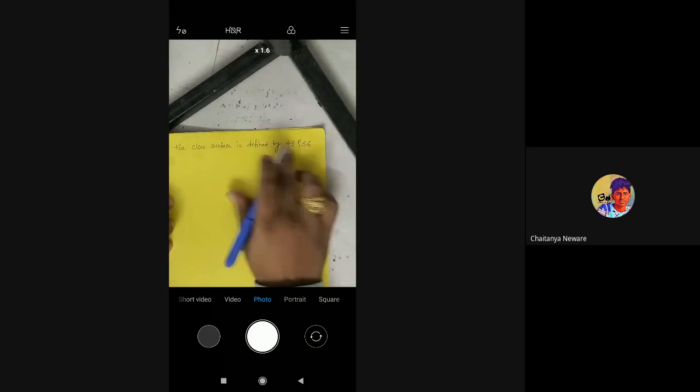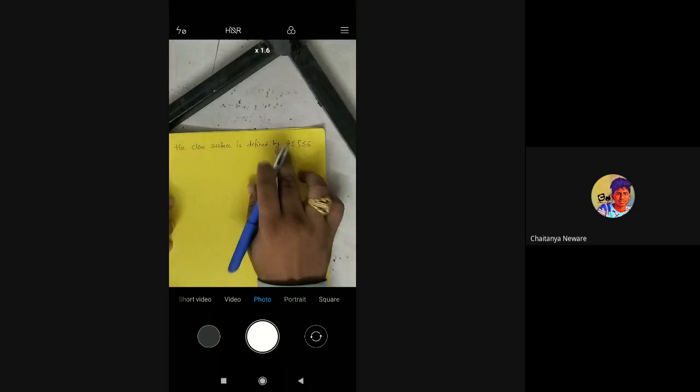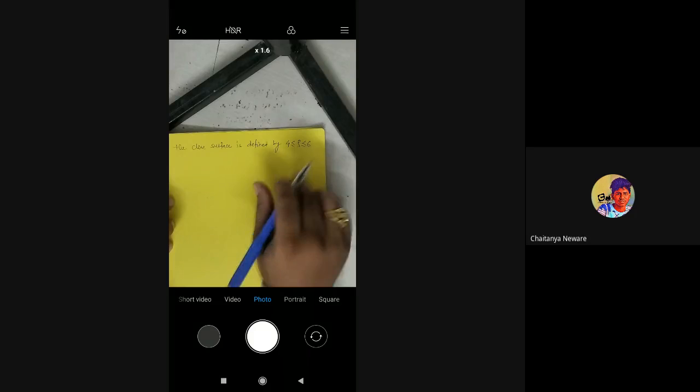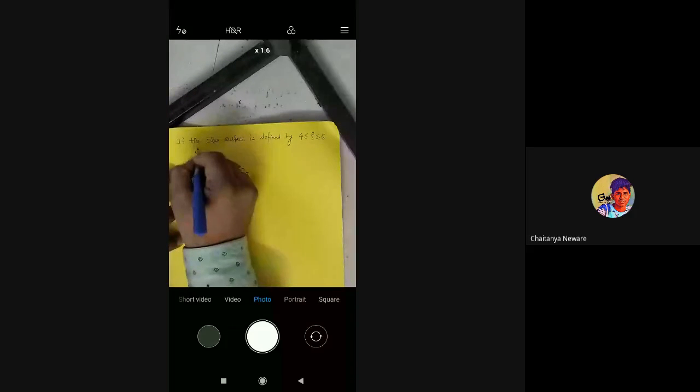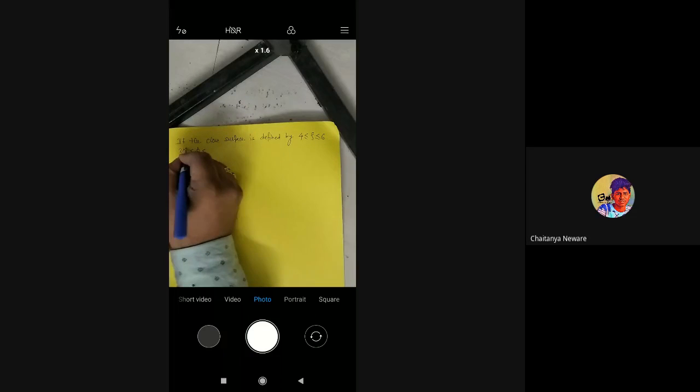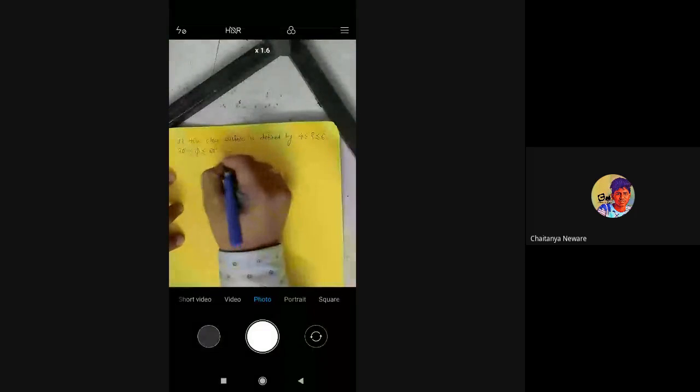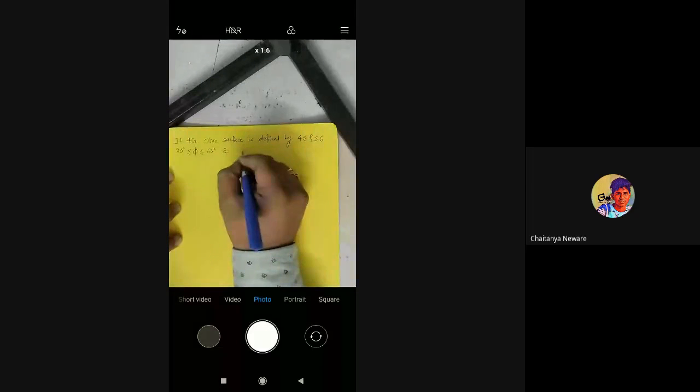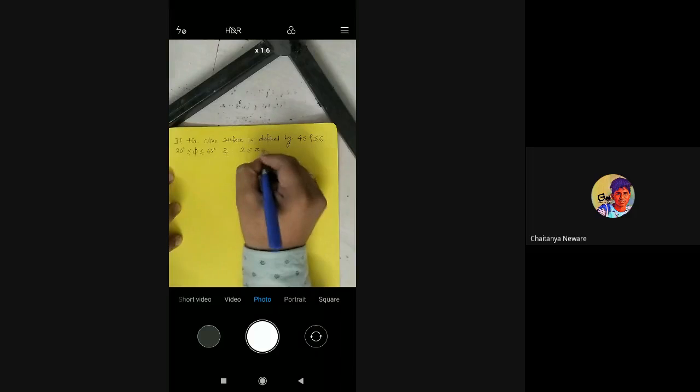So the limit of rho is between 4 to 6, and the limit of phi is from 30 degree to 60 degree, and the limit of z is 2 to 5. So the z variable is in between 2 and 5.